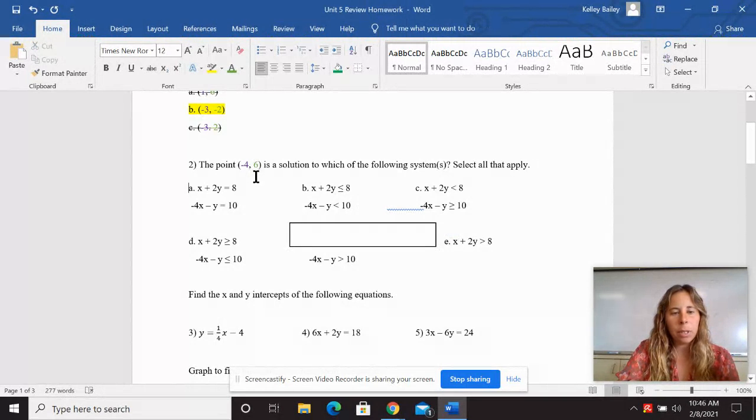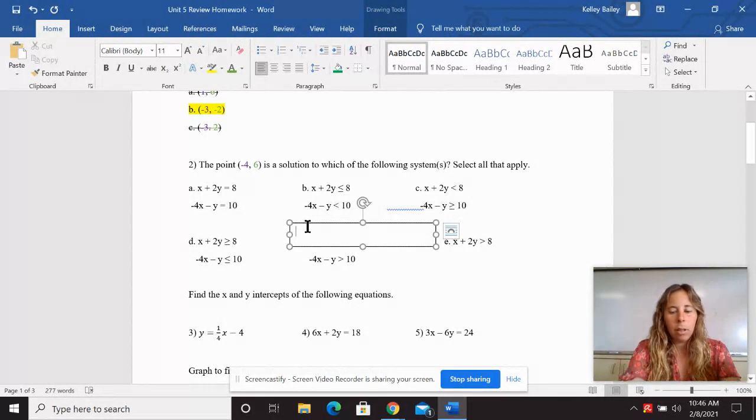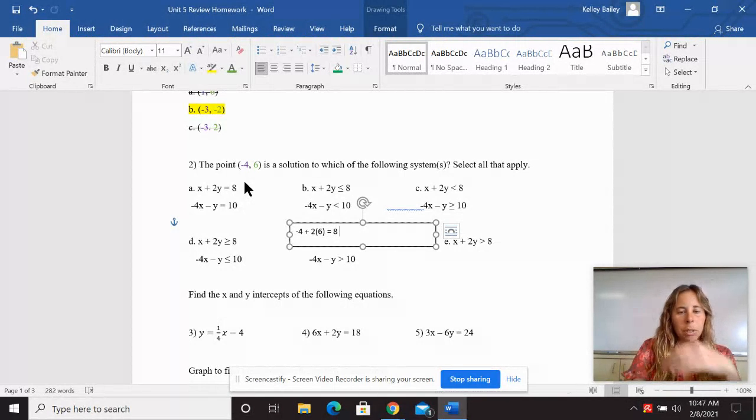So I'm going to substitute into my first equation. x is negative 4, plus 2 times y. y is 6, equals 8. I just substituted in. I'm not going to color code on all of them because it takes extra time.